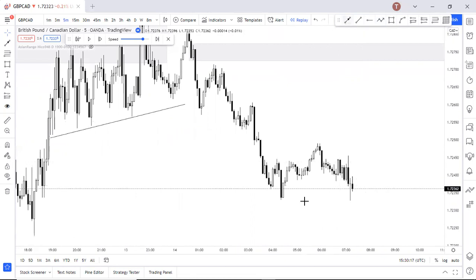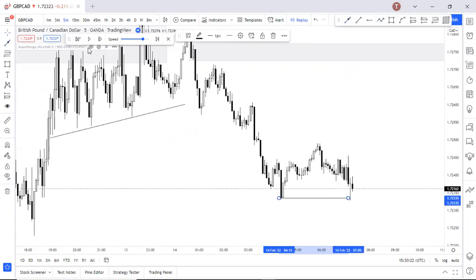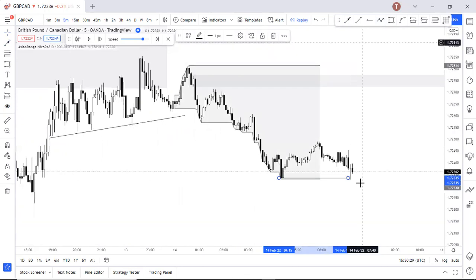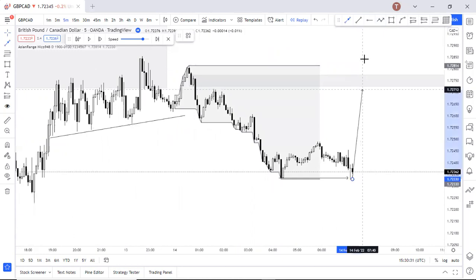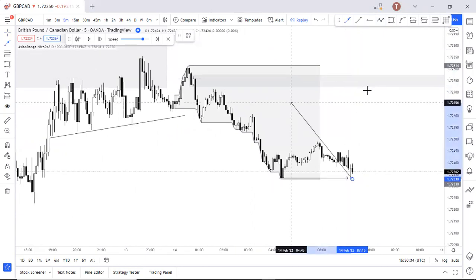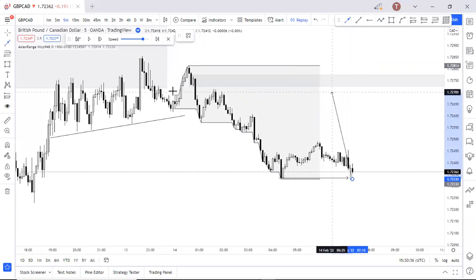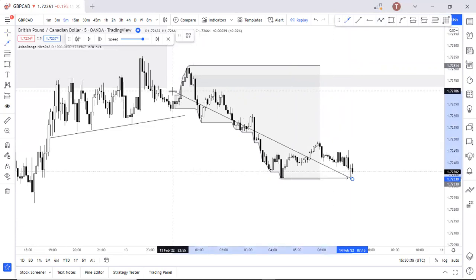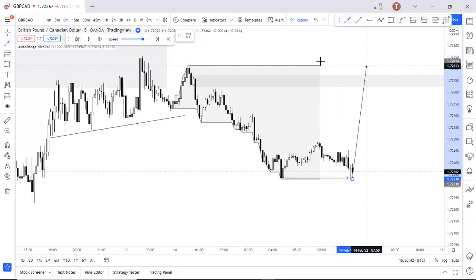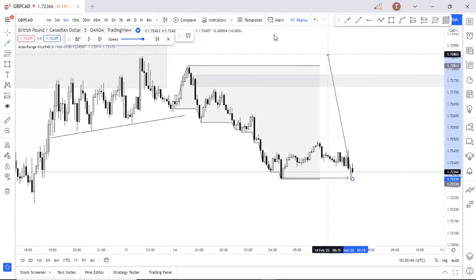For example, just like we have this Asian range low being taken out right here. Once price takes it out, price tends to move in the next direction to possibly mitigate a supply zone that is yet to be mitigated, or even take out the Asian range high, and vice versa.